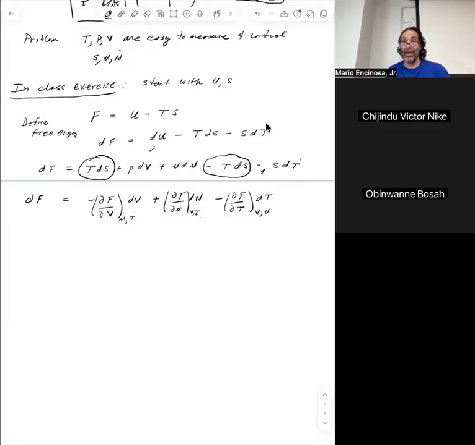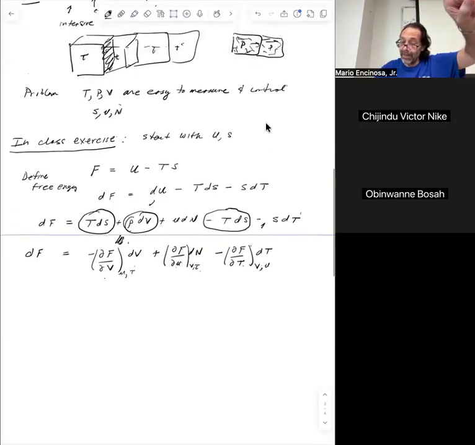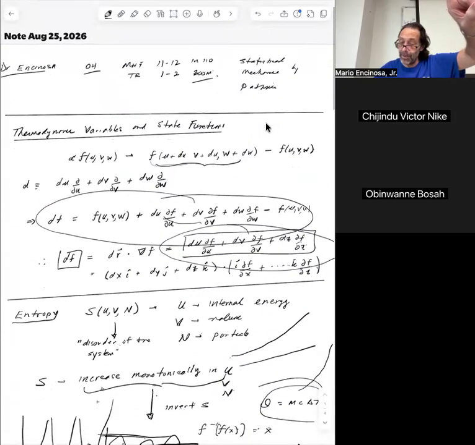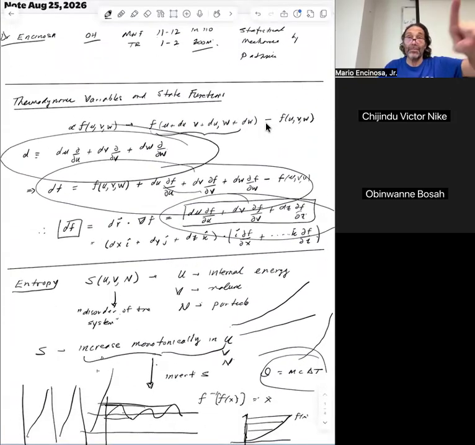And that's just math. Identifying the partials is exactly why that statement, the identification of this with this, that partial F, partial V with P, and that partial F, partial T with the entropy, is exactly why I spent the time to write this down at the very beginning and make that connection with the partial derivatives.